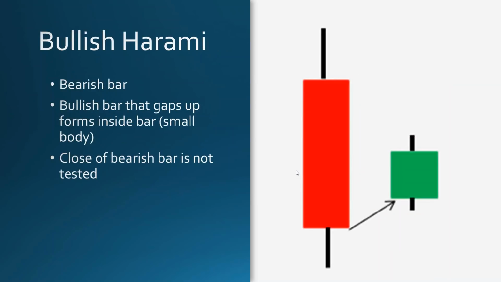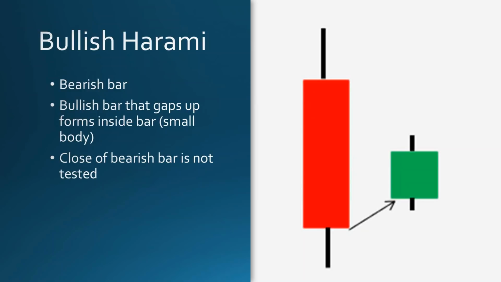We also have the Bullish Harami. Now, the Bullish Harami starts with a bearish bar, like you see here. Then the bullish bar gaps up, okay, and it forms an inside bar. The most important aspect of this price bar formation is that the close of the bearish bar is never tested.